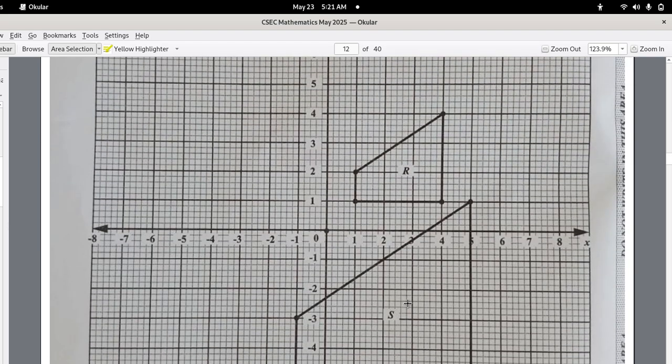Now the thing is, from looking at it, you can see that it is an enlargement. They are similar, alright? Same orientation, same angles, but the length of the sides are different. So you must find out what is the scale factor and the center.